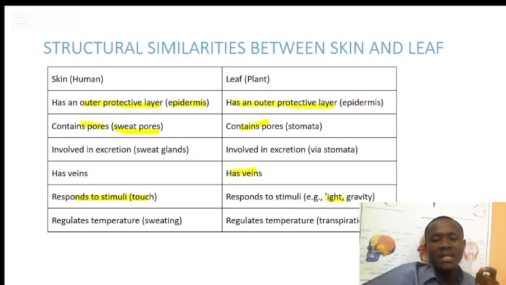The leaf responds positively towards light, that means it moves towards light. But it responds negatively towards gravity, that means it moves away from gravity. And the skin regulates temperature through sweating. Likewise, the leaf regulates temperature through transpiration.